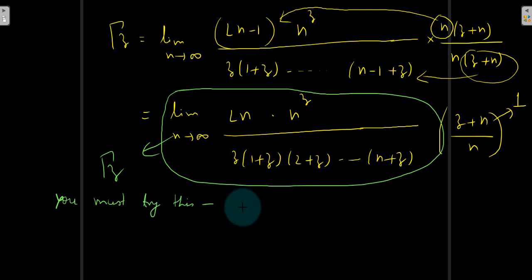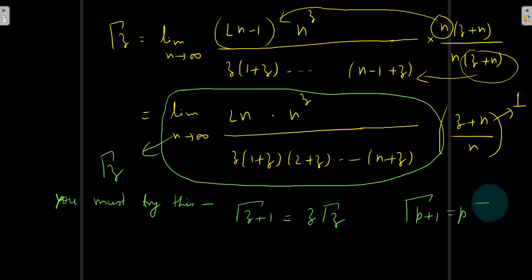First is gamma z plus 1 equals z gamma z, and it is analogous to what you have seen in your BSc part 1, that gamma of p plus 1 is p gamma p. Do you remember that? But at that time p was a real number, and here z is a complex number.